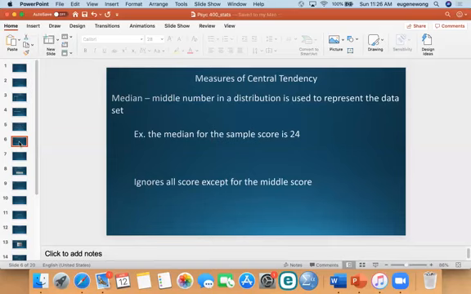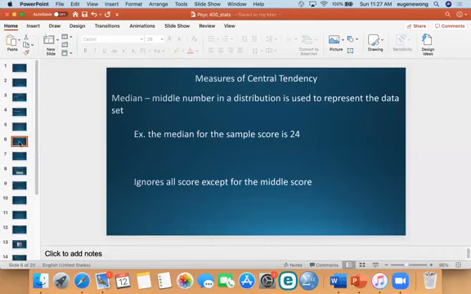Now, the thing to keep in mind with the median is that it ignores every score except for what's in the middle. So it doesn't matter what the scores are to either side of the middle. The only score that's going to be used to describe the whole set of scores is whatever's in the middle. So in that sense, it might be sort of unrepresentative, because if you have some really low scores and you got some really high scores and you only report the middle score, that middle score doesn't really tell you that you got really low scores and really high scores.